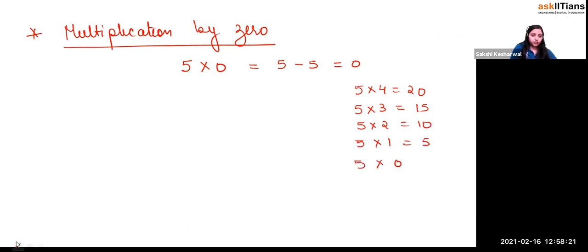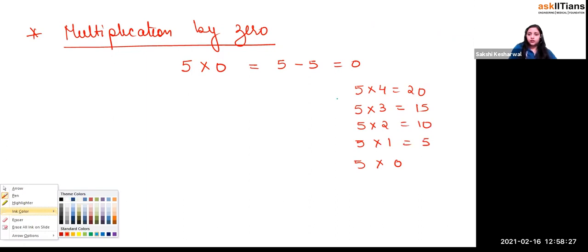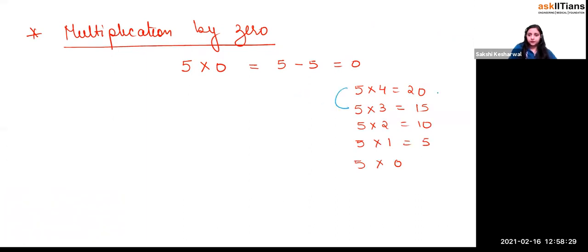Just observe closely that you are subtracting 5 each time. Subtracting 5, so 5 into 0 is equal to 5 minus 5, which is equal to 0, right?